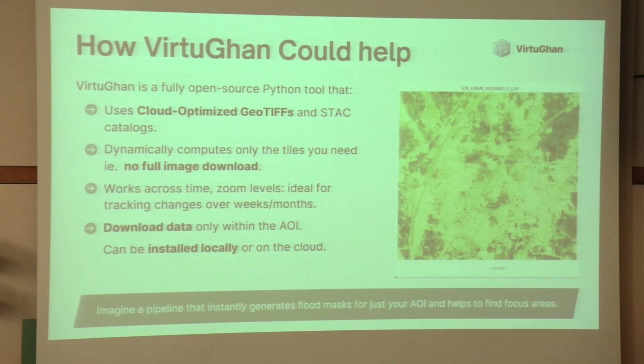It also works across different time levels and zoom levels. We call it VirtuGhan, or virtual data cube, because it doesn't store the data sets. It computes on the fly and then gives you the result. And if you want to download the data sets, only that part of the data can be downloaded as well.